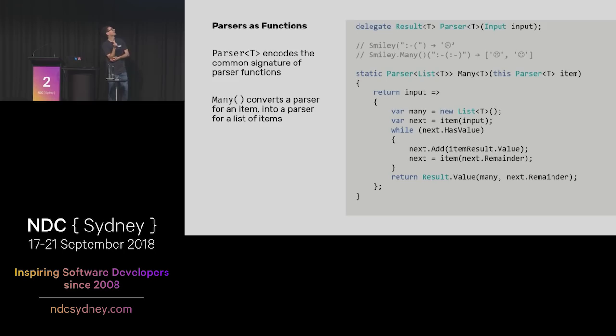And many is a really neat little example here, where we have a parser for an item, and you can imagine that being something that turns smileys into their Unicode equivalents. Then we have this function many, and if we call many with the smiley parser passed in, we get a new parser that can give us lists of smileys. And that's a really powerful concept.